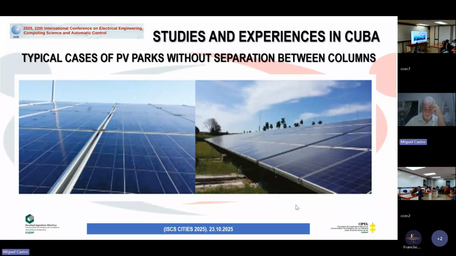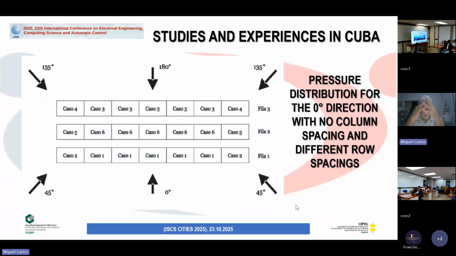A study on the effect of wind on the rows formed by the support tables of the panels in the wind tunnel was carried out by specialists from Cujae in conjunction with Uruguayan specialists.